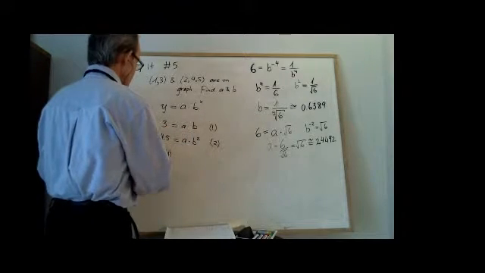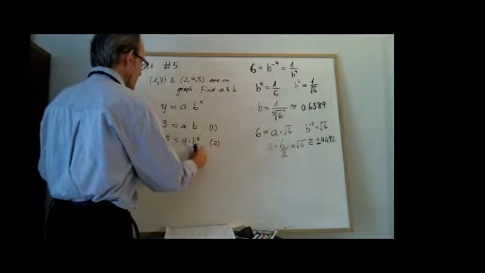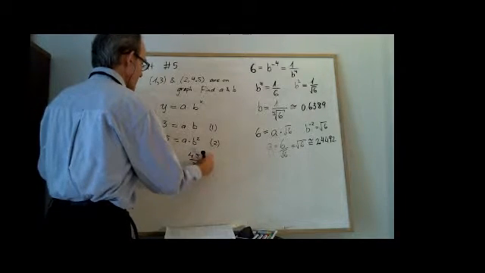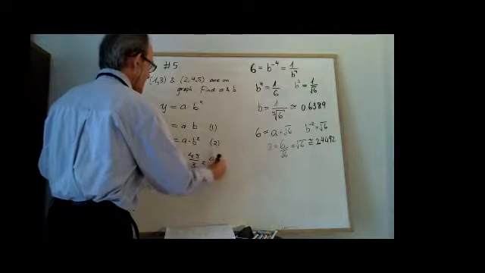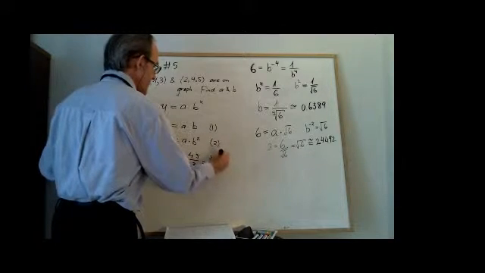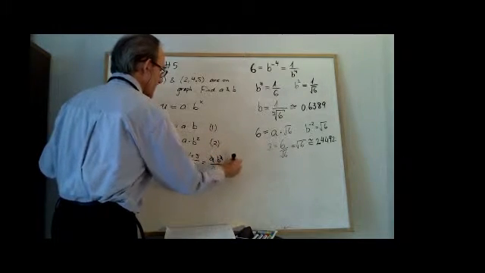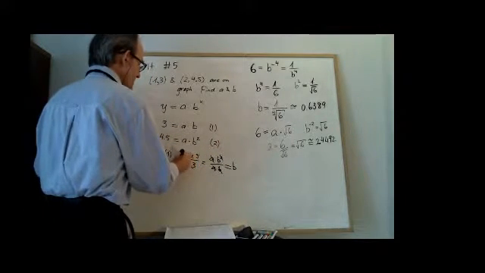So if I divide 2 by 1, I get 4.5 over 3 on the left side, and a times b squared over a times b on the right side. The a's will cancel, the factors of b will cancel, I'll get just b. And on this side, 4.5 over 3 is 1.5.